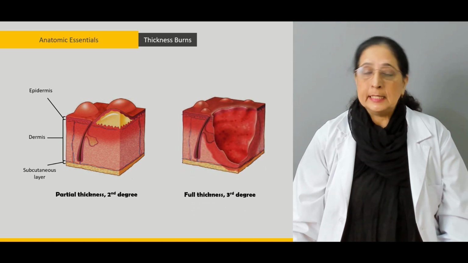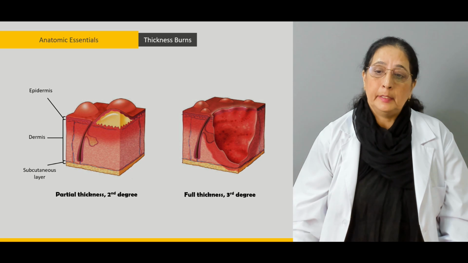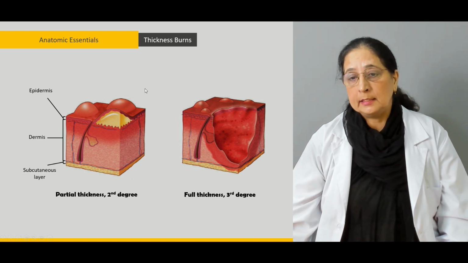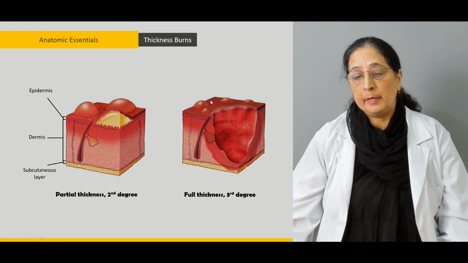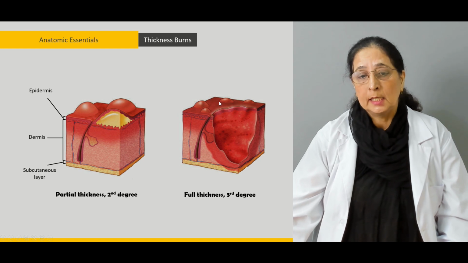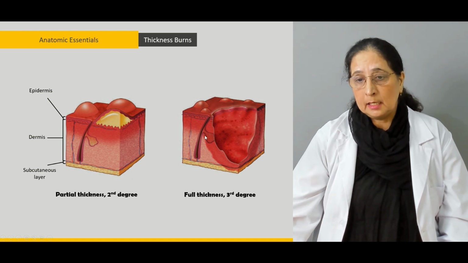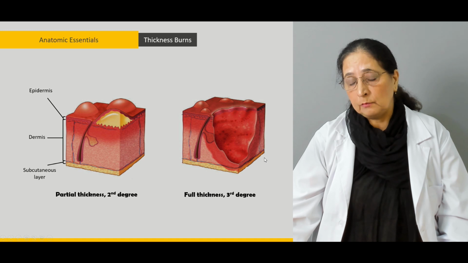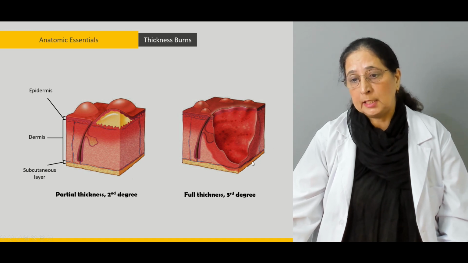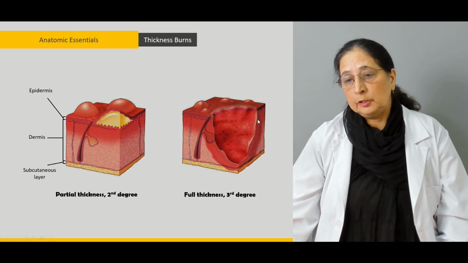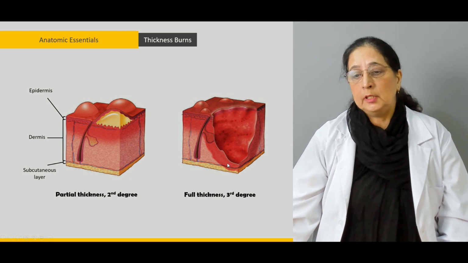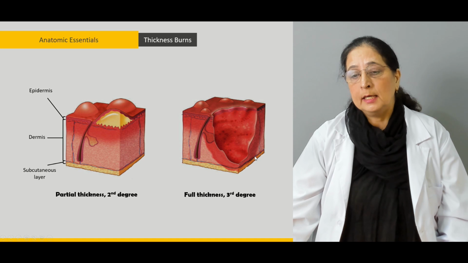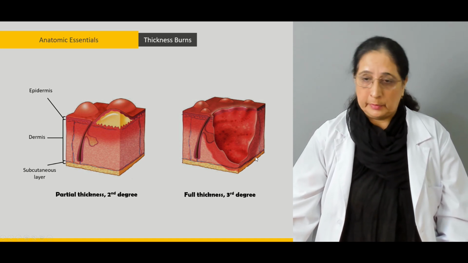Then the full thickness burn is the third degree burn. If you see in this diagram, there is involvement of the epidermis, the dermis, and the subcutaneous layer of the skin also. All three layers are affected, and this is known as the full thickness burn.